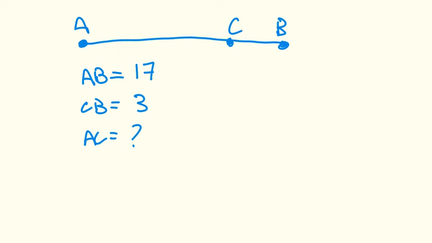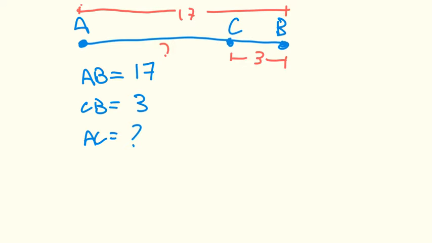AC equals what? So here we're told that the entire distance all the way from A to B is 17, and then this little part CB, that's just 3. So what's the other part?